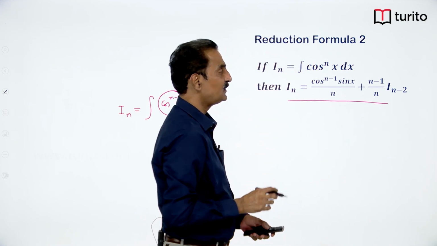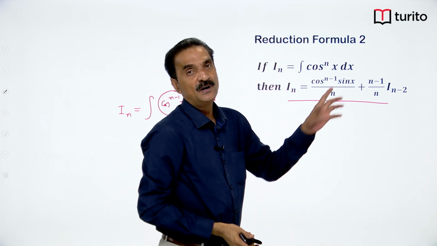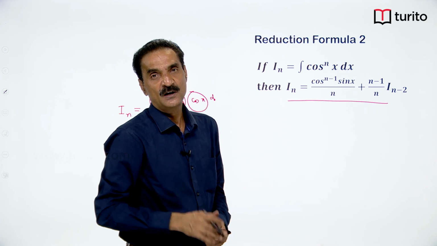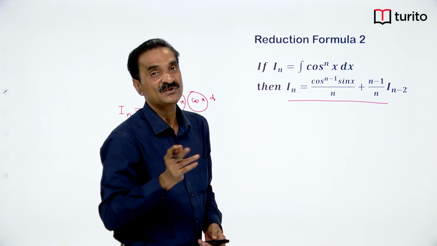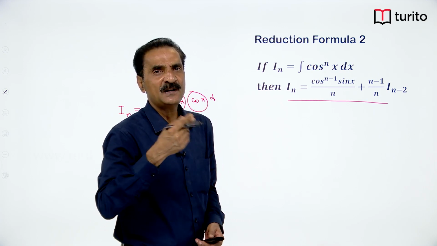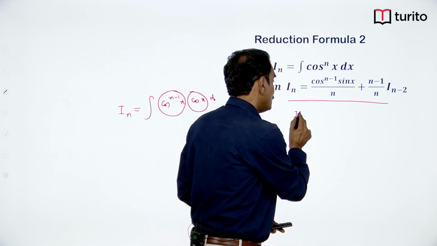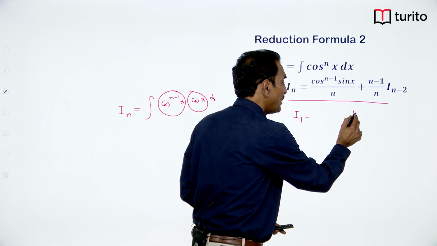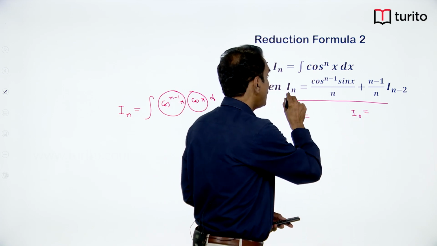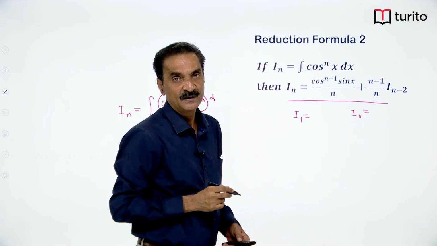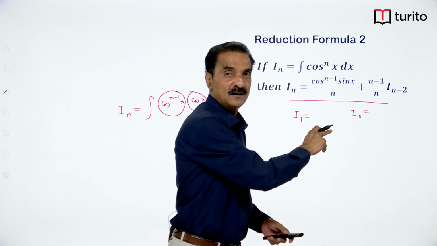In this method also, n will be reduced to n minus 2. So, you are reducing the value of n by 2 in each step. Repeatedly applying the formula, finally, you may get I1 or I naught. If n is odd, you will get I1 in the last step. If n is even, we get I naught.